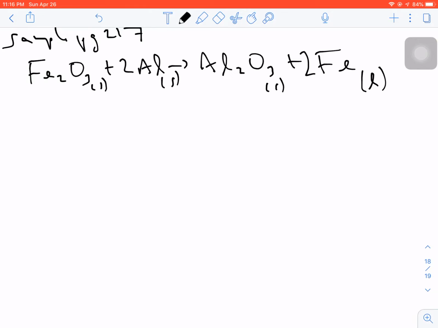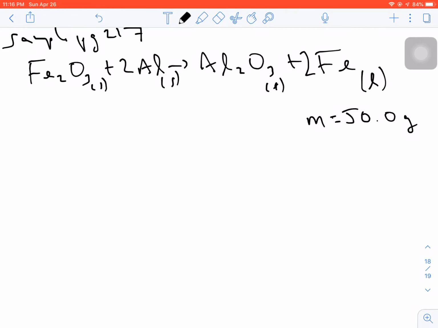It's liquid steel. As soon as it cools down, it's going to solidify into solid iron. The question says the worker needs to produce 50 grams of liquid iron to fix the weld. This is what I need, 50 grams of iron.